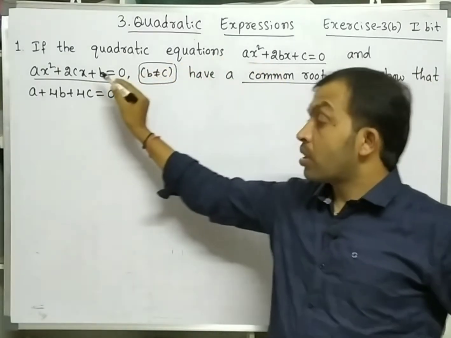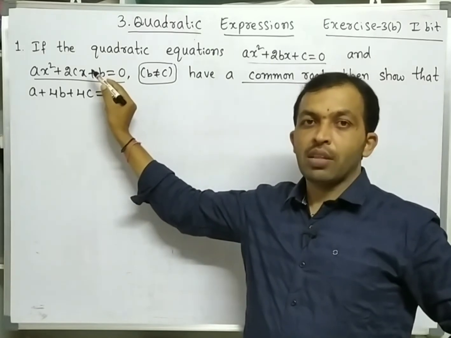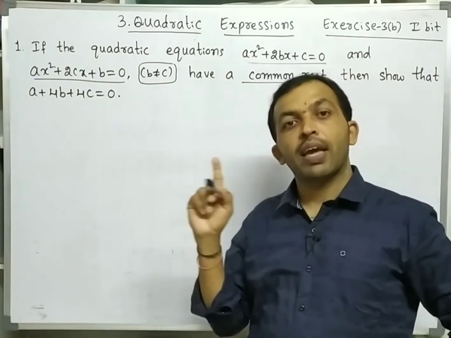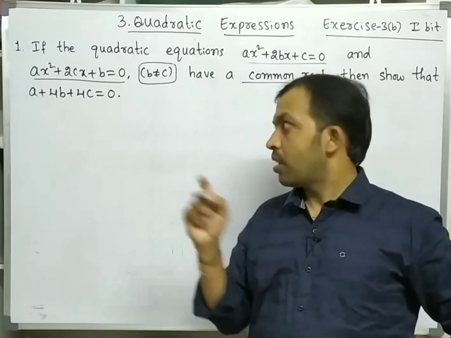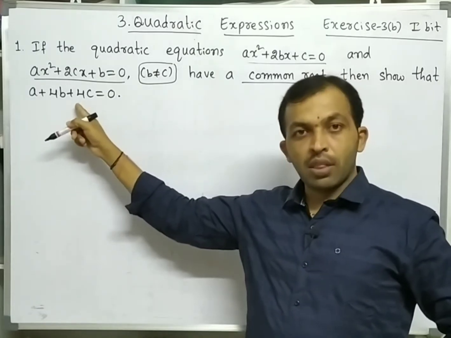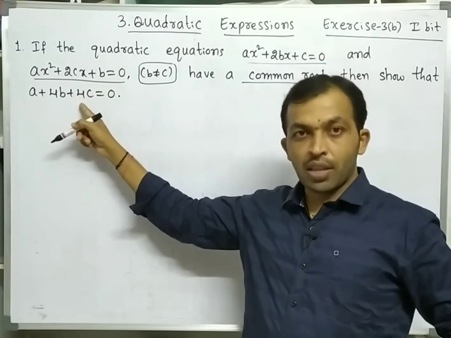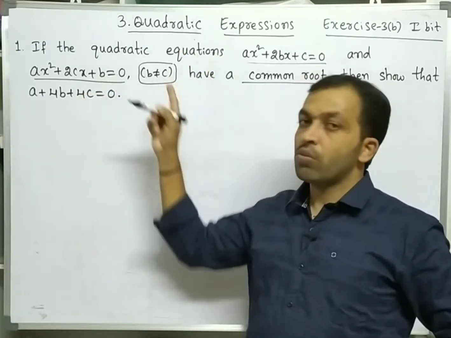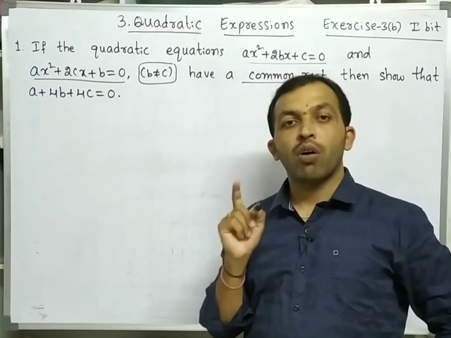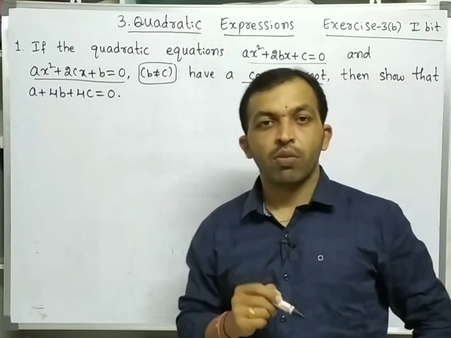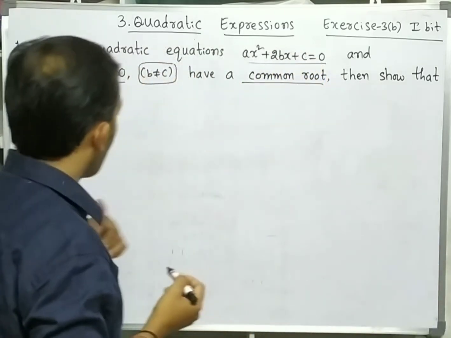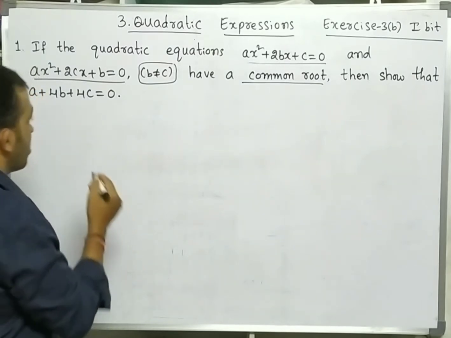These two are quadratic equations and they are having a common root, then prove that this is the condition. So if this condition is satisfied, then only those two quadratic equations have a common root. Okay, so how can we solve this relation?